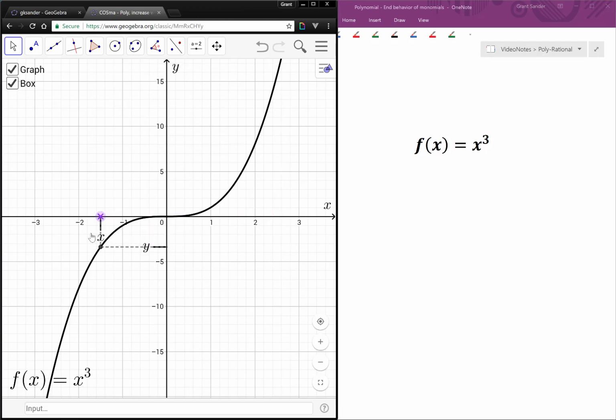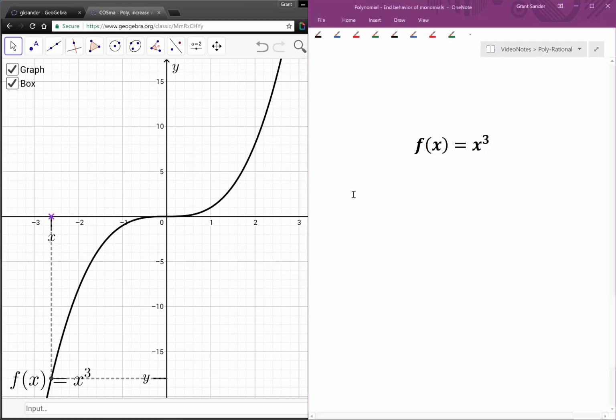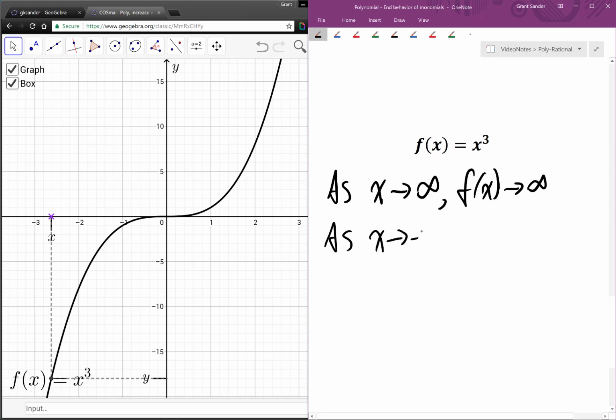And as x decreases without bound, f of x is going to decrease without bound. So we could write that by writing as x increases without bound, f of x is going to increase without bound. And as x decreases without bound, f of x is going to decrease without bound.